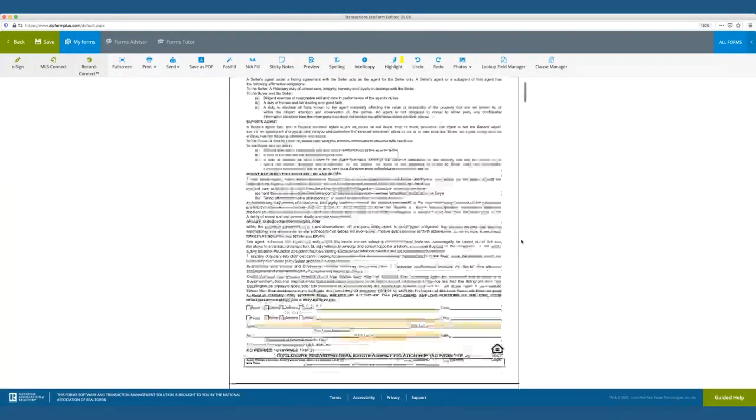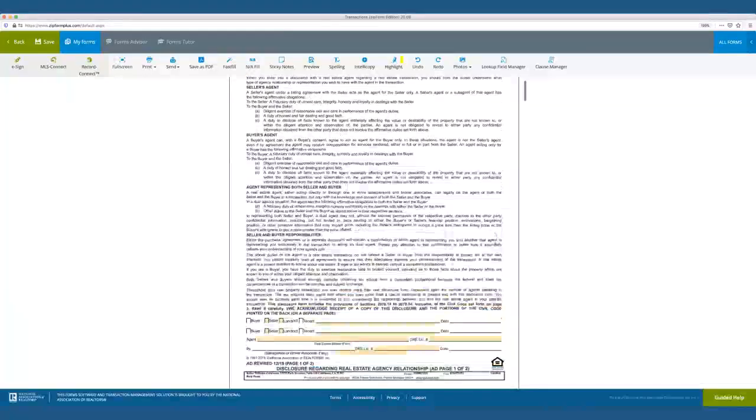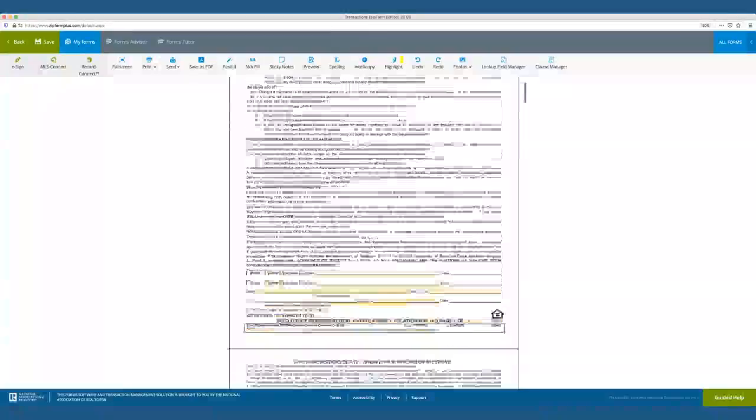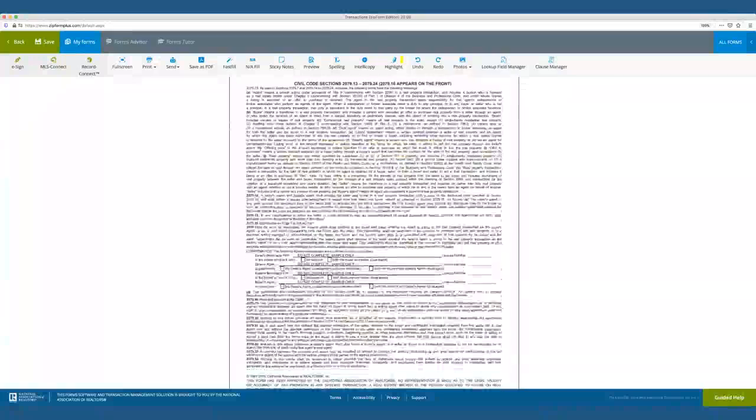So once again, that's all this form is doing, it is disclosing to the client that there are different types of agencies and what the responsibilities are in those agencies. And then the second page of this form is the actual code in the state legislature of the requirement.